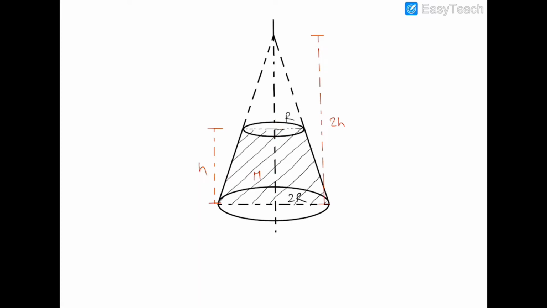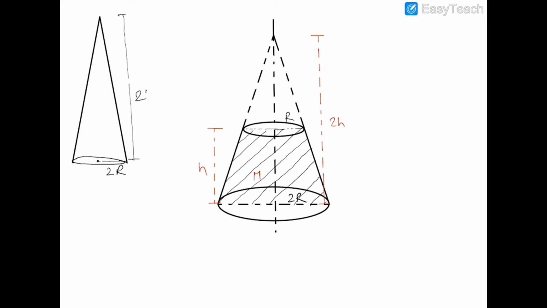Now we know that this frustum is formed by removing a smaller cone from the bigger cone. So if we assume that this is the bigger cone, the base radius of this bigger cone is 2r and its height is 2h.